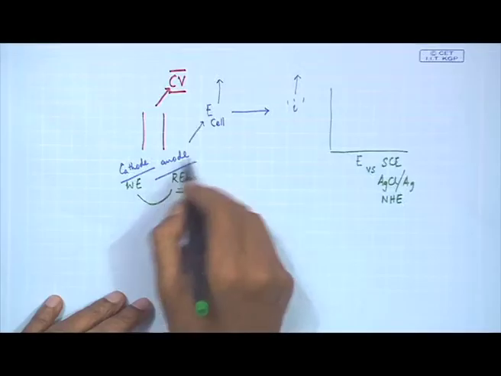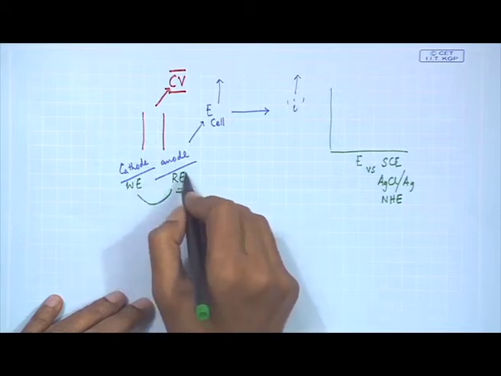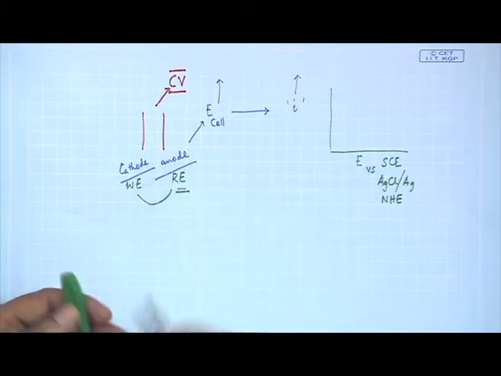So, what do you see now is how we get the CV, that means cyclic voltammetry, how we measure, how we record, and what the corresponding cell arrangement is. As we started our discussion, two electrodes, the working electrode and the reference electrode, are not sufficient.